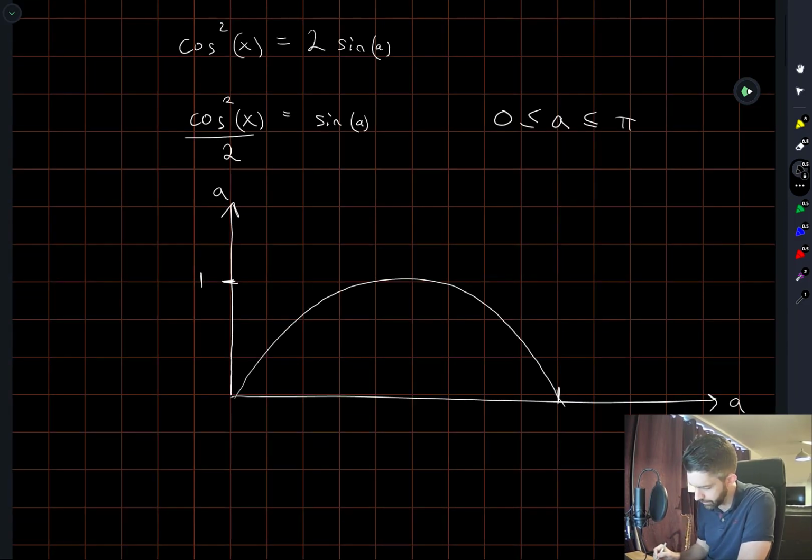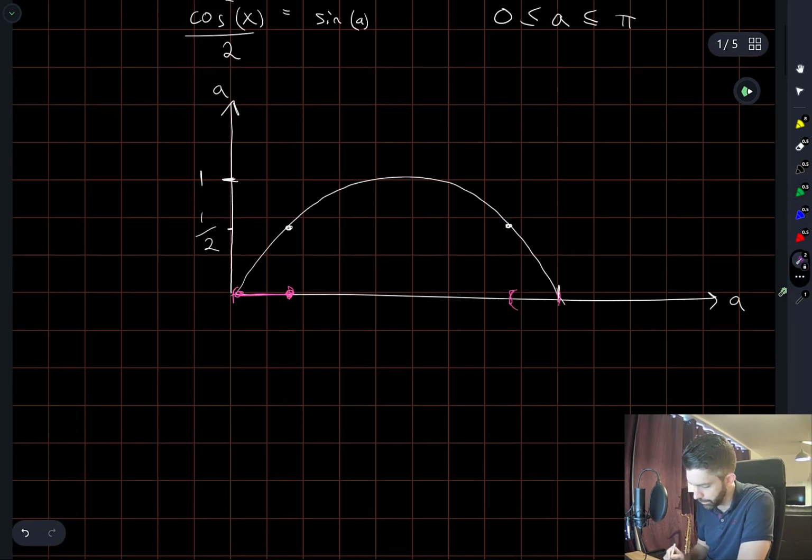So we want the values of a for which this is between 0 and a half. So it's pretty clear that we're looking for these intervals here. And if we find the first one, the one close to 0, then we'll be able to find the one on the right-hand side by some kind of symmetry argument.